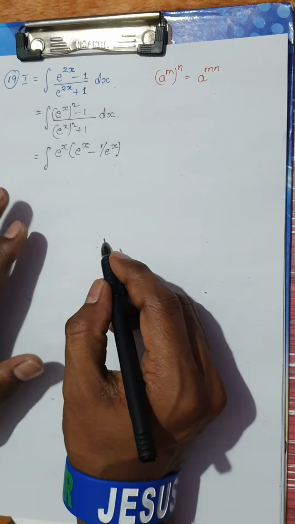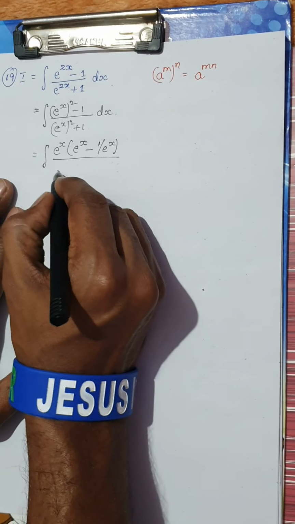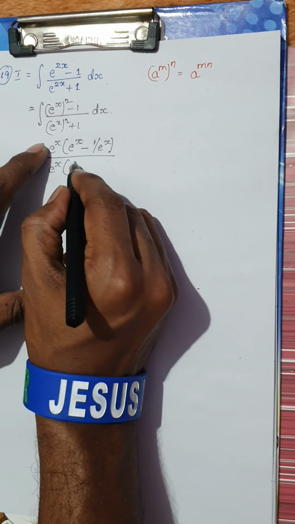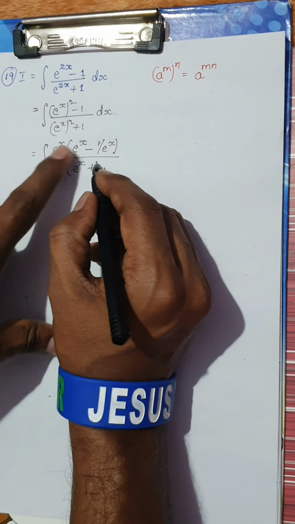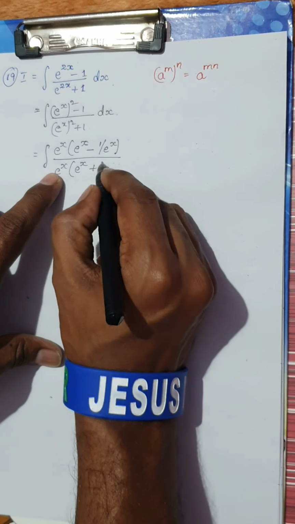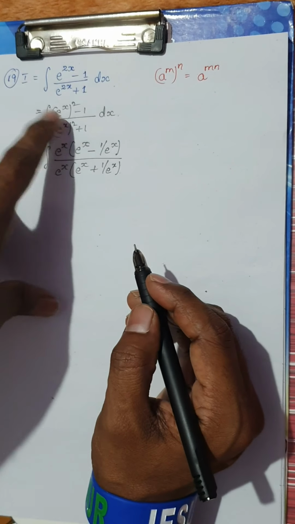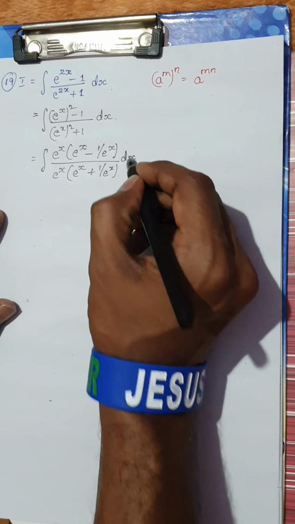So, it is 1 divided by e power x. Similarly, in the denominator, if you take e power of x common, you will get e power of x whole square, so e power of x is remaining, plus again 1. If I have taken e power x outside, I will divide by e power of x, so if you multiply back, you will get back the term. Now, this is with respect to x, dx.